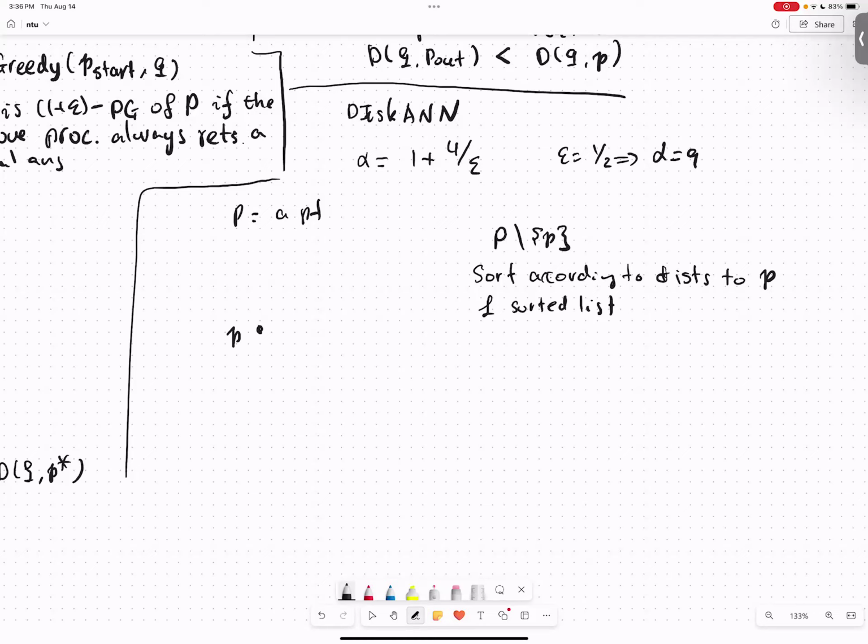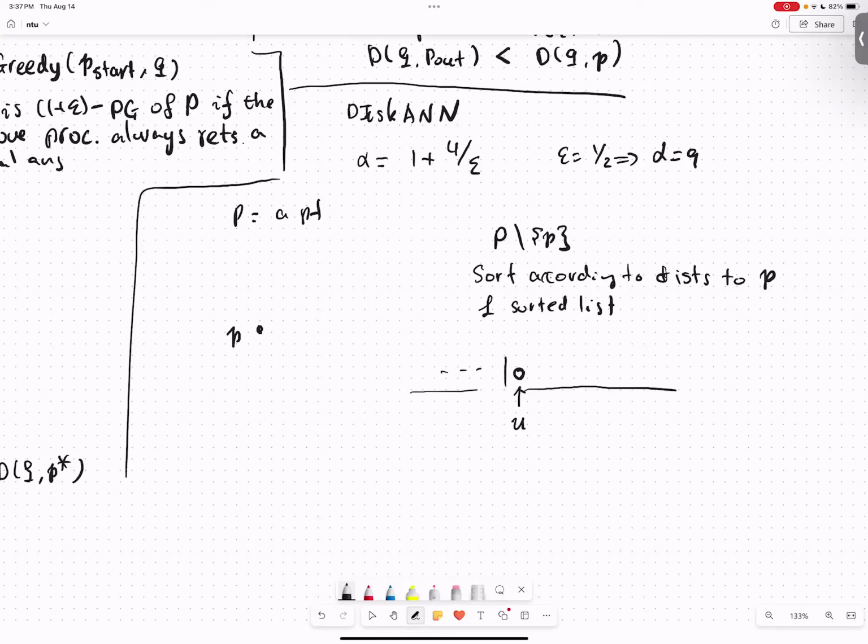You can imagine inductively, so let's say at some point I come to this point, let's call it U. The processing of U is going to eliminate some of the points from this list.